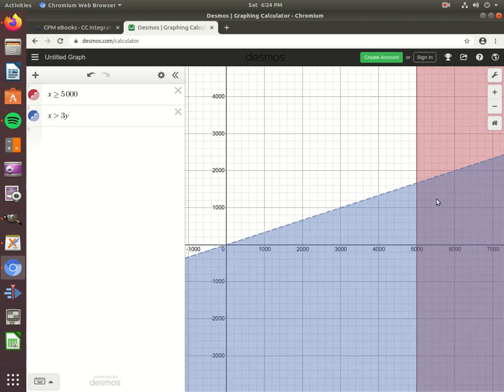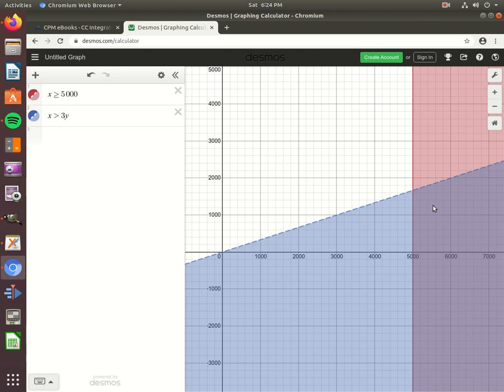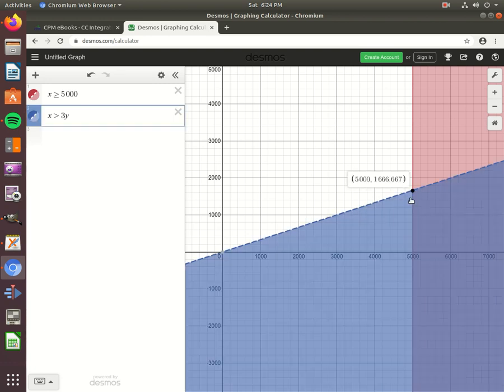So you can see the scale. Don't forget that your X is your savings account and your Y is your checking account. So it looks like about a point right there is going to be the first point that works. I could have $5,000 exactly in my checking account. Actually, this point doesn't work because it's a dotted line on this one, so I would need to move in a little bit.